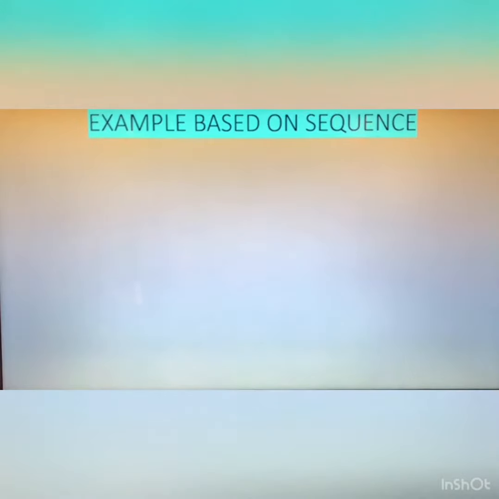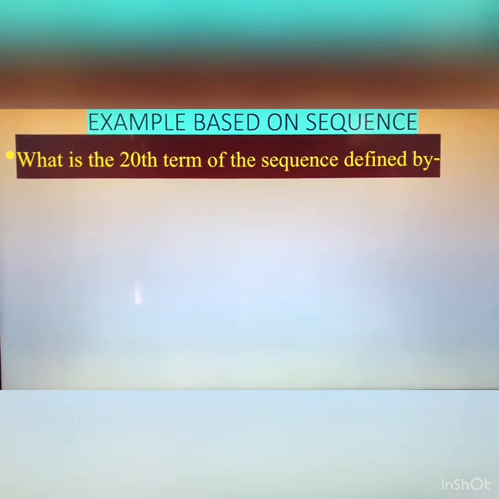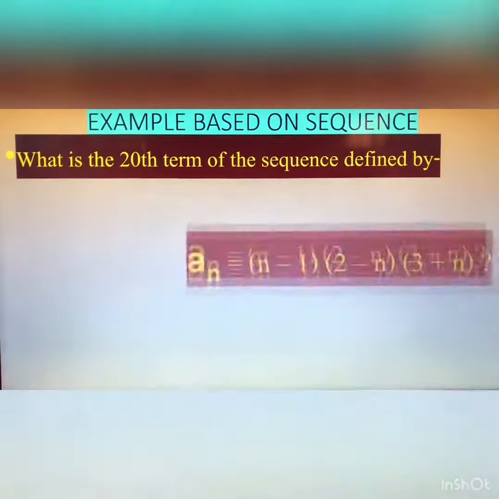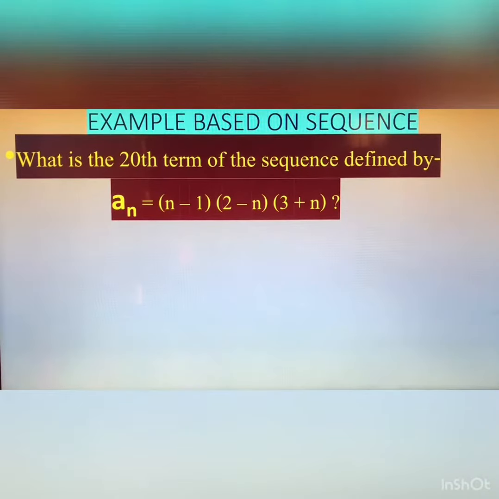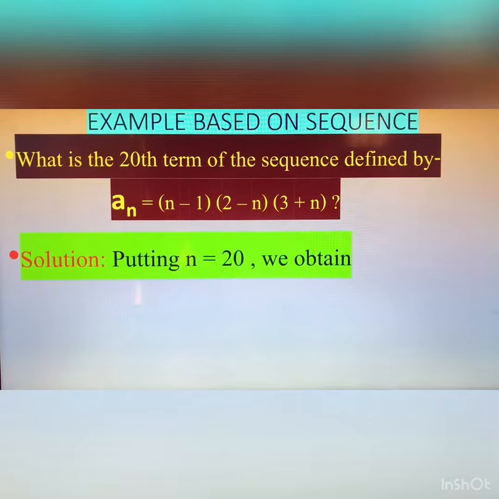After that, moving to another topic, an example based on sequence. Let us take the first question: what is the 20th term of the sequence defined by a_n = (n - 1)(2 - n)(3 + n)? To find the 20th term, we put n equal to 20, meaning we replace n by 20.